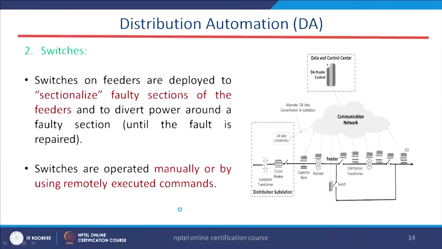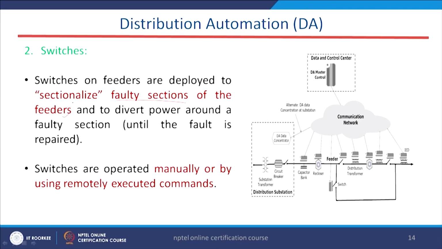Now, we have electronic switches also in the smart grid system, where electronic devices are present. Maybe a small processor is present inside it, and that processor will receive the signal and do the desired work. Those electronic switches, static switches, basically help in sectionalizing faulty sections of the feeders.